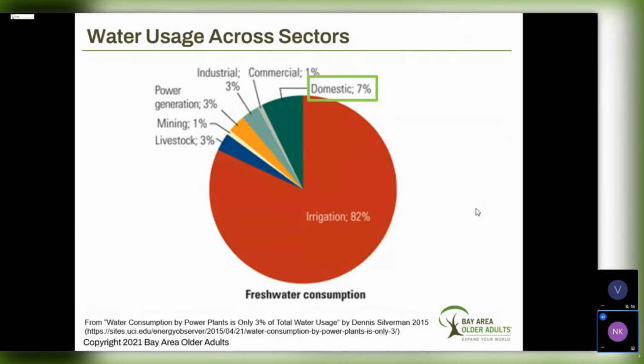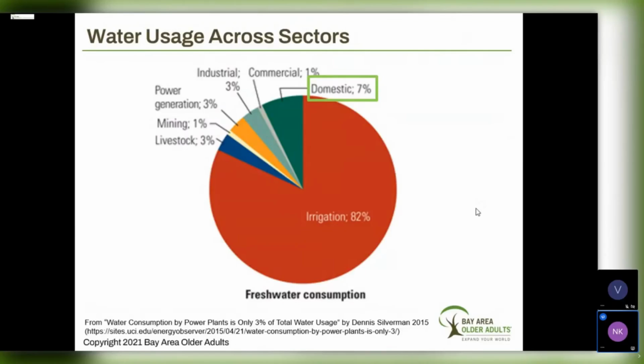That's what's used indoors as well as in the yard. Now, the red area of this chart shows the vast majority of fresh water actually consumed is for irrigation/agriculture, whether to grow corn and soy to feed the cows or to grow cotton to produce jeans.